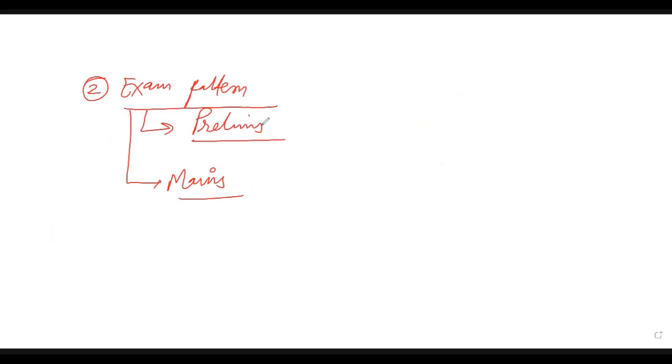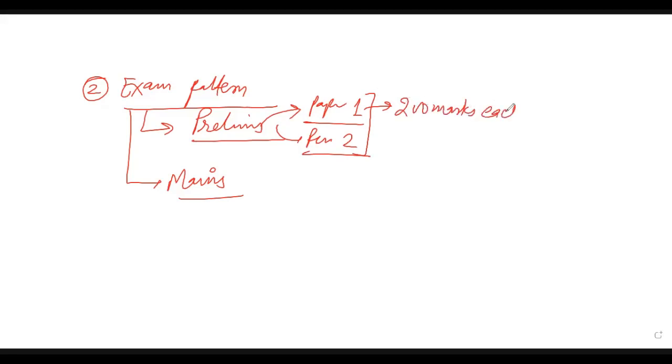In prelims, we have 2 exams: paper 1 and paper 2. Both are objective papers of 200 marks each, so total 400 marks.